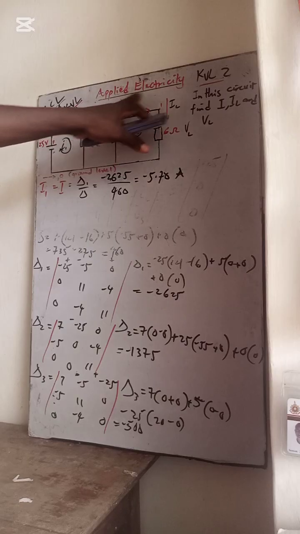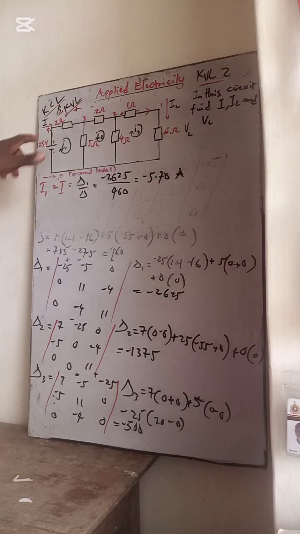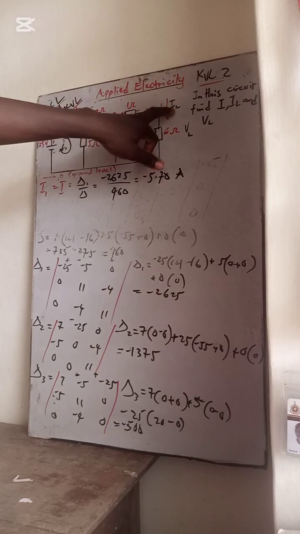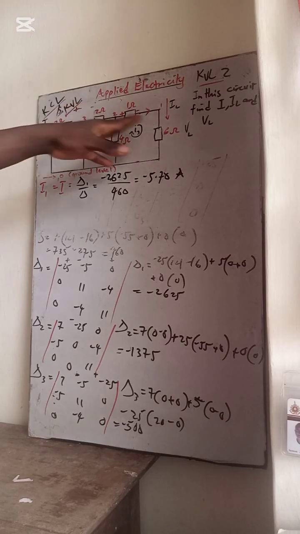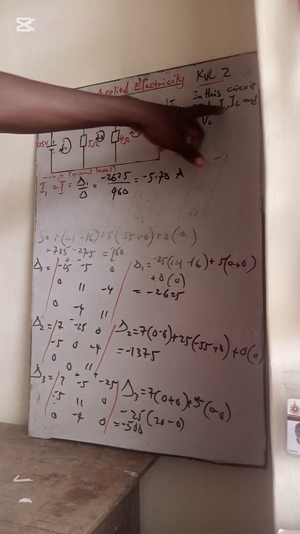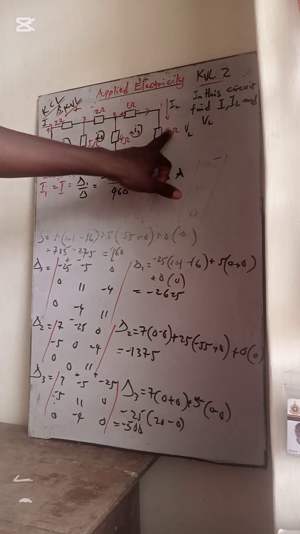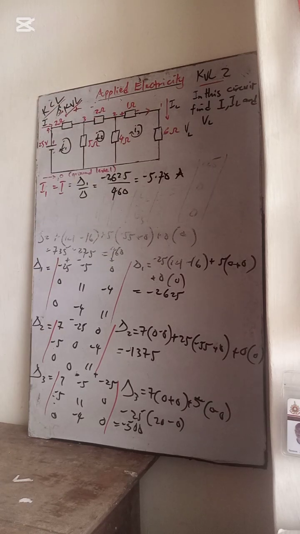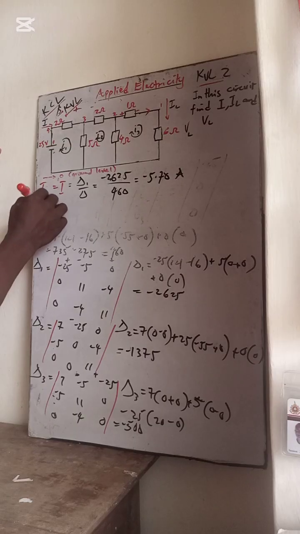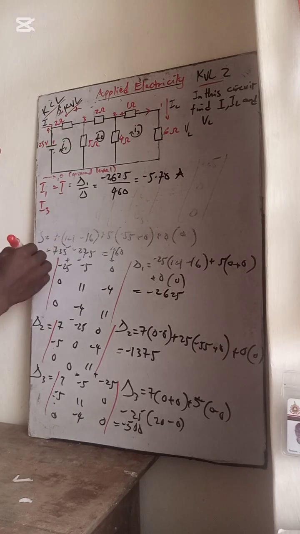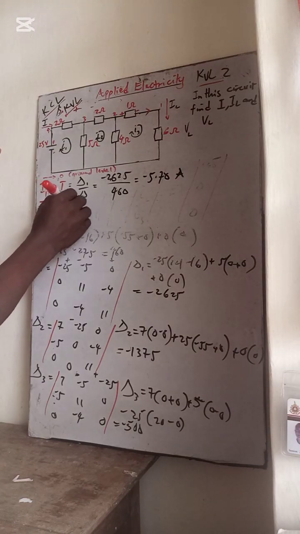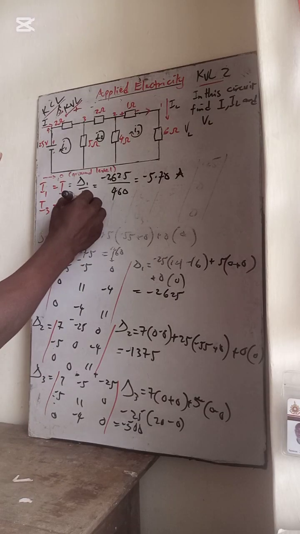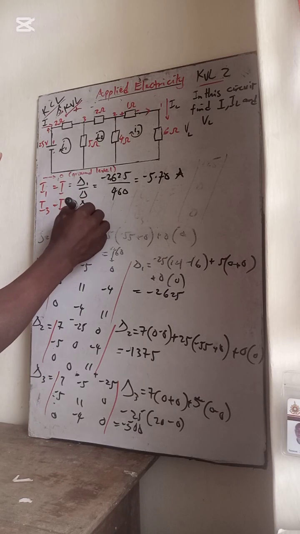Then for the second part, I2 will be for this, then IL will be here. Remember, this is the first I1, this I2, this will be I3. So since we need IL, we don't need to solve for I2. So let's just go straight to IL. When we get IL, we use that IL to multiply the resistance to get our VL. So I3, which is IL, is equals to delta 3 over delta.